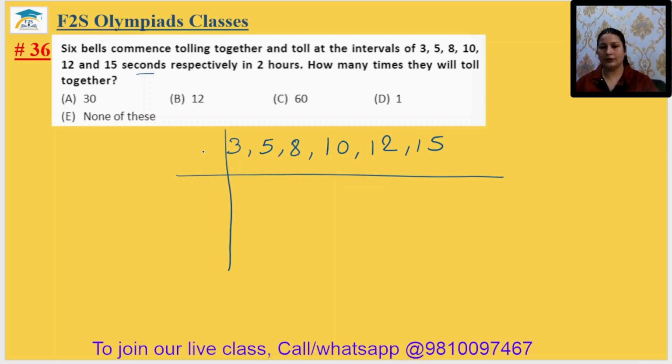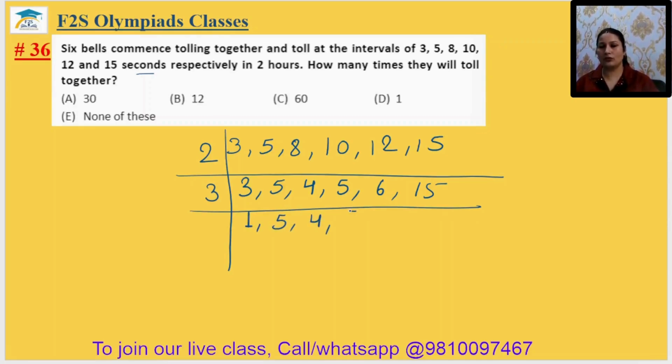Divide by 2, we can take 2 as the common factor, 2 4s are 8, 2 5s are 10, 2 6s are 12, now 15. Now we can take 3 as the common factor. Now we can take 5 as the common factor.